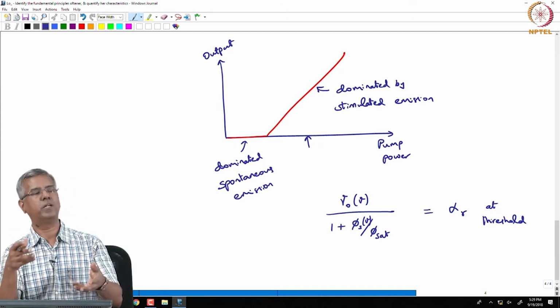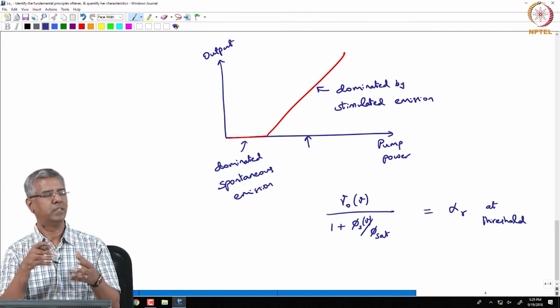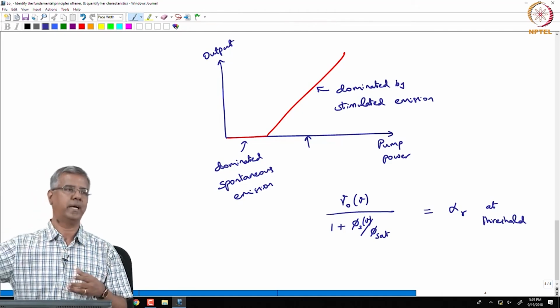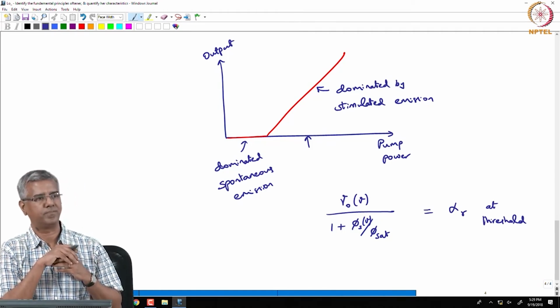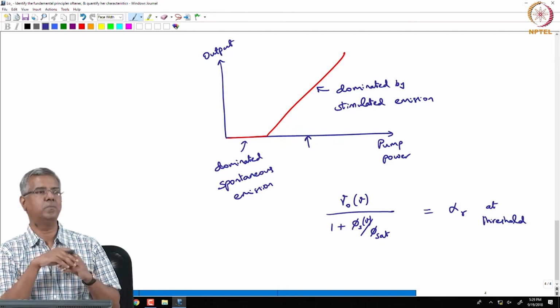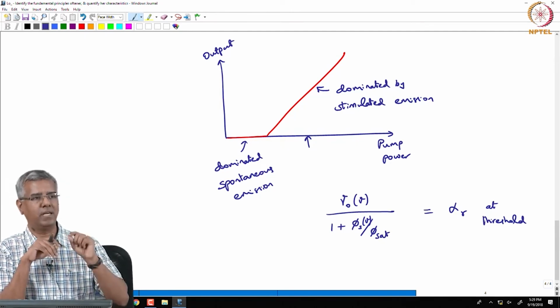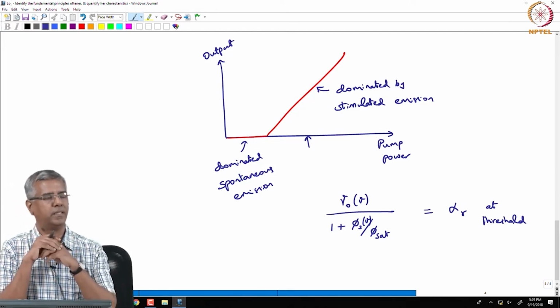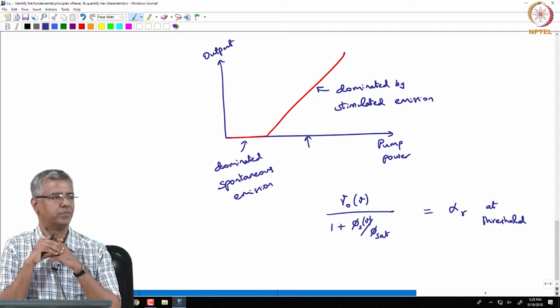Any more pump photons that I put beyond that are actually going to get leaked out as your laser emission. As far as the gain medium is concerned, the gain is actually clamped at that alpha R value, the resonator loss value.